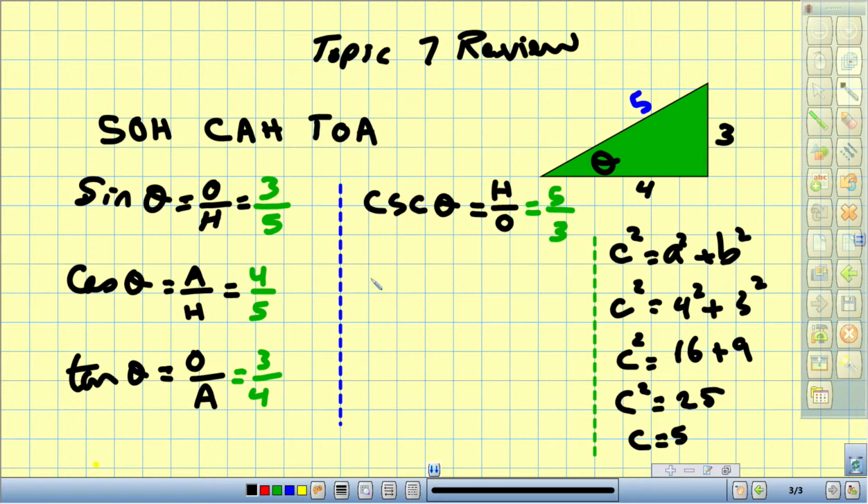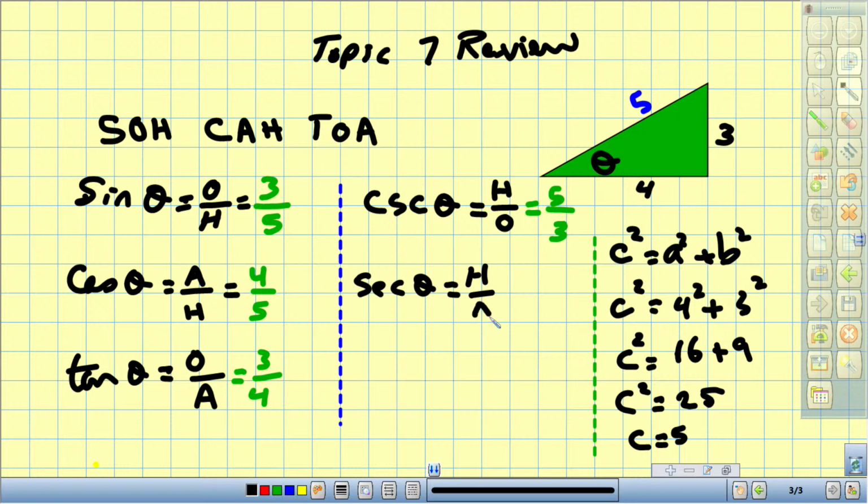Cosine has a cousin, and the cousin is secant. Secant theta is going to equal, the definition of secant is the hypotenuse over adjacent. It's just the opposite of this. You flip it. You do 1 over that. So the secant is actually 1 over cosine, and vice versa. Cosine is 1 over secant as well.